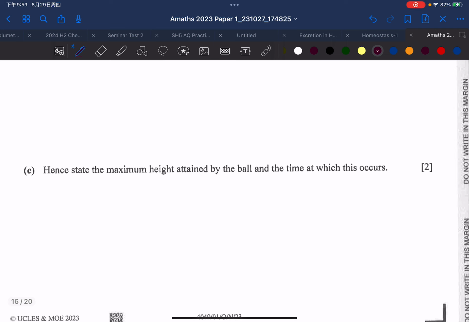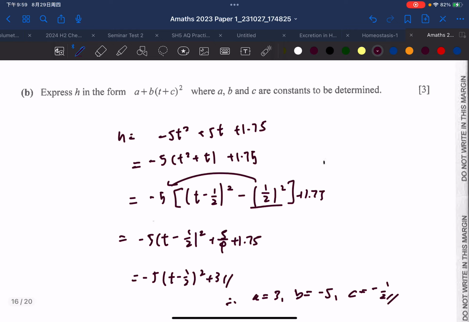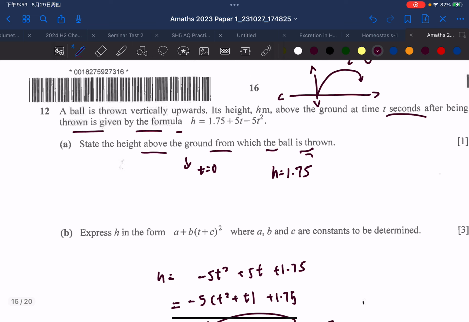Hence, you want to state the maximum height attained by the ball. So very simple. A quadratic equation. This is your maximum point. This is the max x. This is the max y. So what is your y-axis for this case?